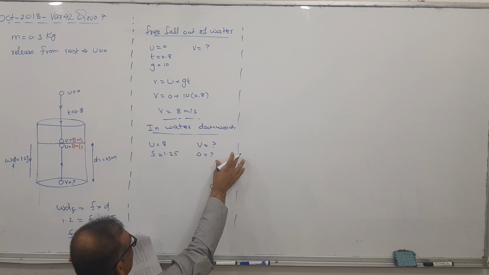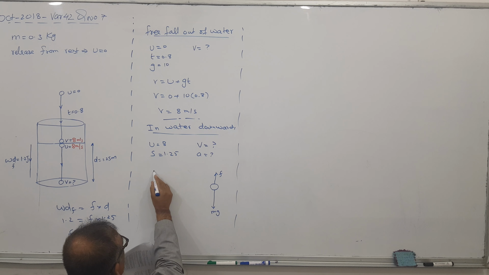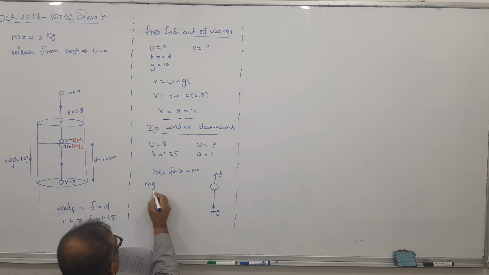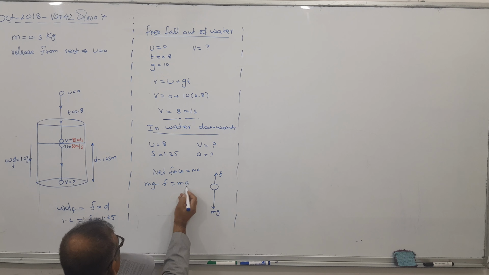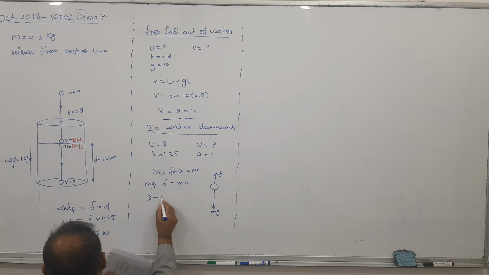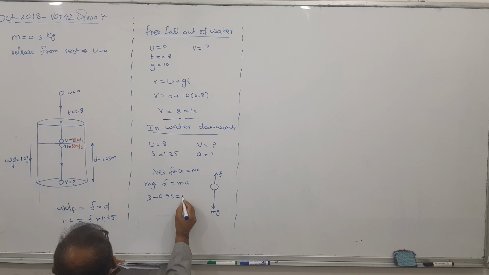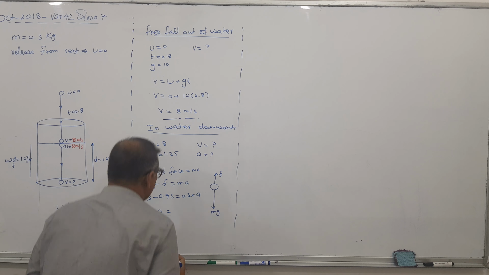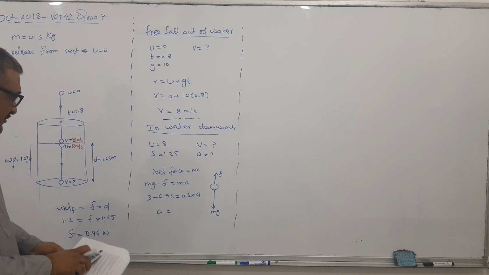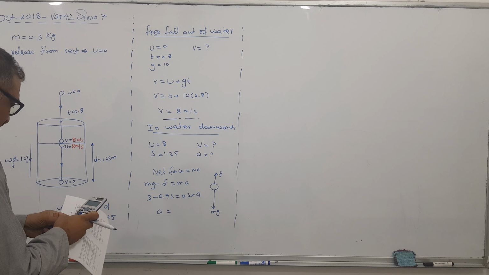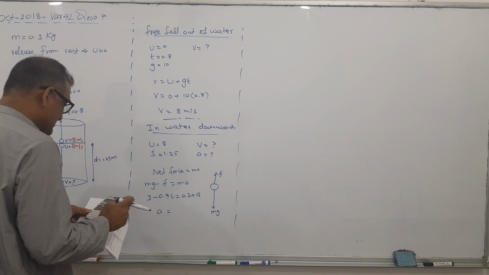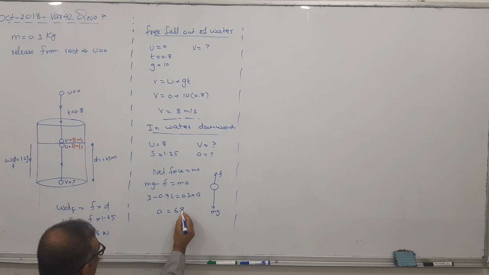Net force equals ma, so mg minus friction force equals ma. Here mg is 3, friction is 0.96, mass is 0.3, and I need to find a. So a is 3 minus 0.96 divided by 0.3, which gives 6.8 meters per second squared.